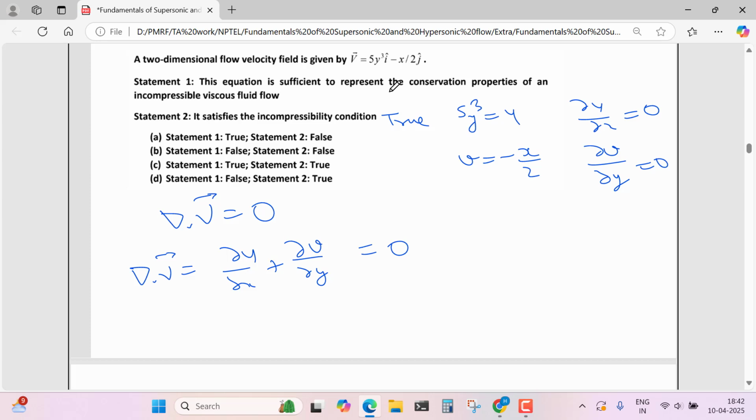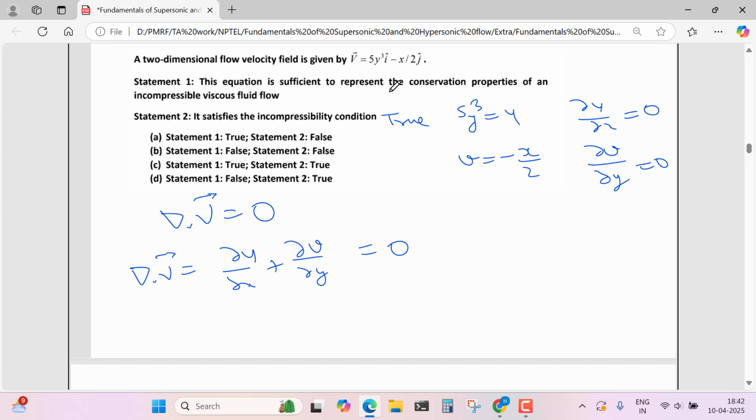But one thing to know is that it is satisfying the incompressible condition. It means it is satisfying the continuity equation. But to satisfy the conservation properties of incompressible viscous fluid flow, there is also the momentum equation. So we don't know if it will satisfy the momentum equation or not.